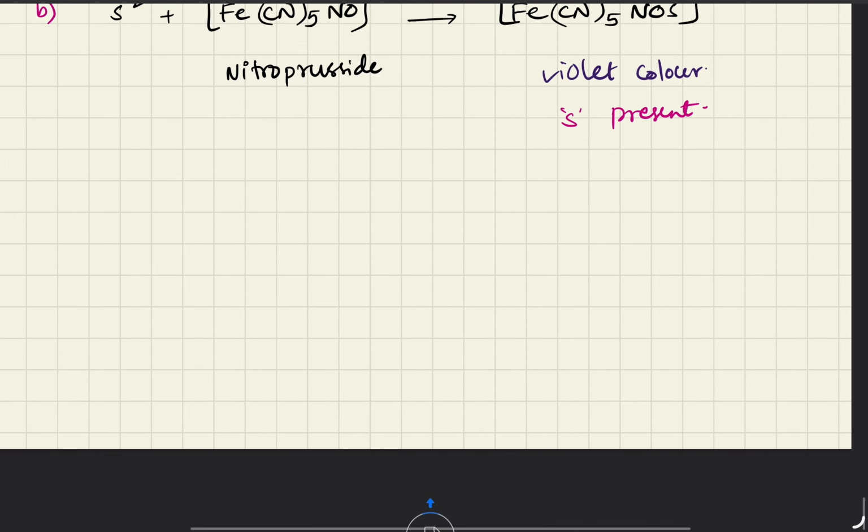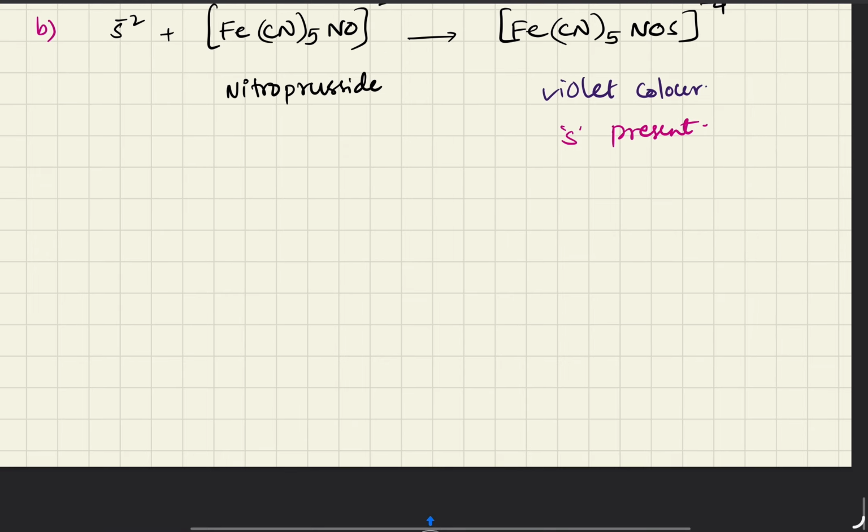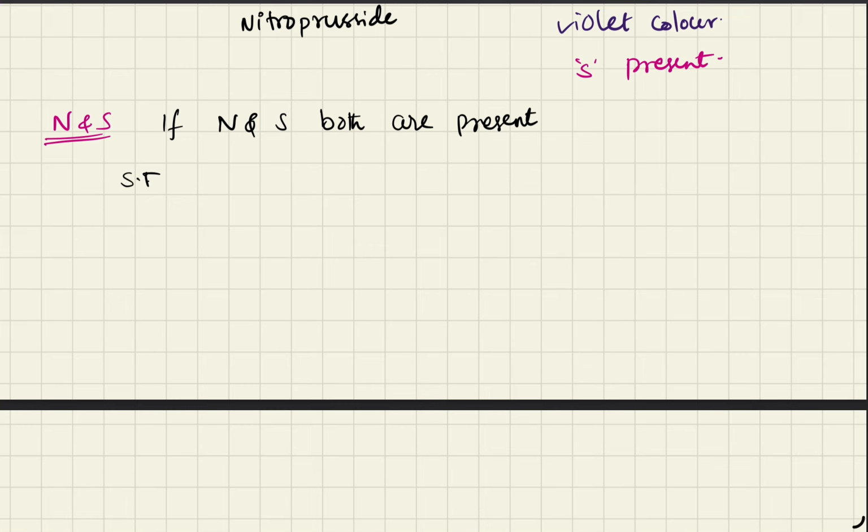In case both sulfur and nitrogen are present, nitrogen and sulfur are detected together. If nitrogen and sulfur both are present, then the sodium fusion extraction contains NaSCN.